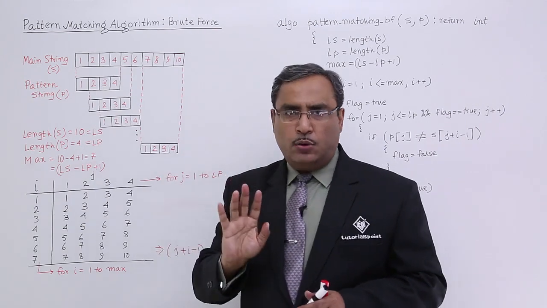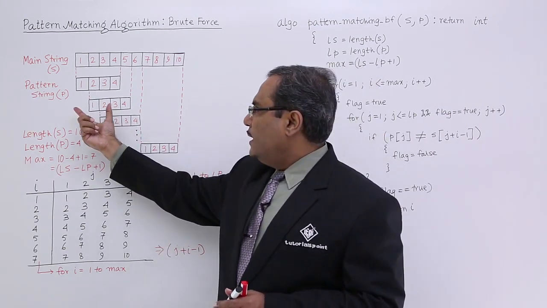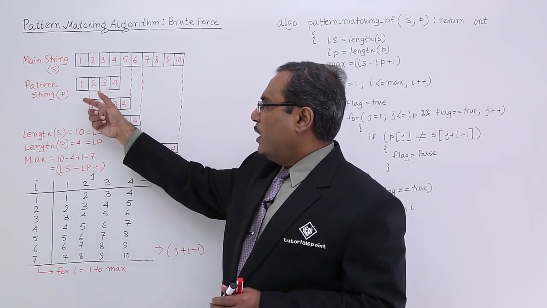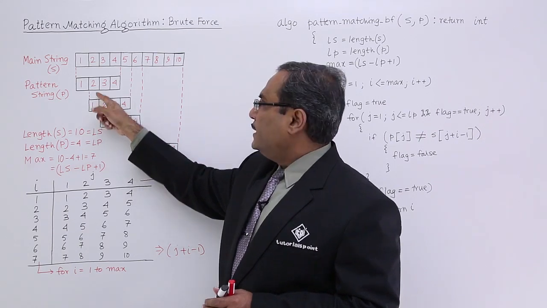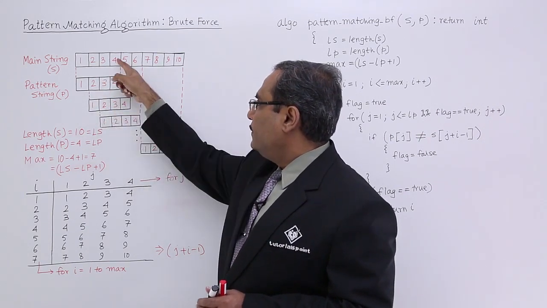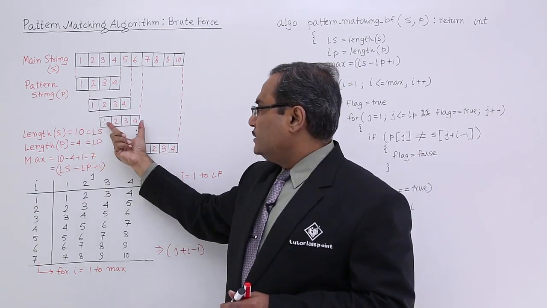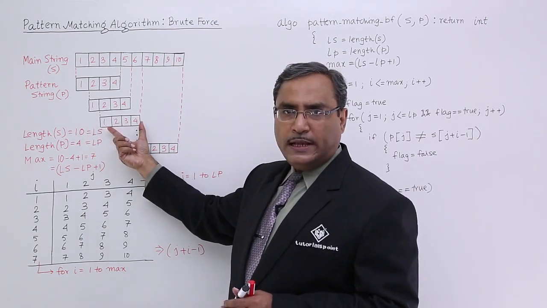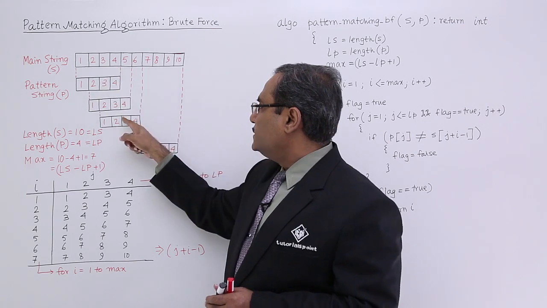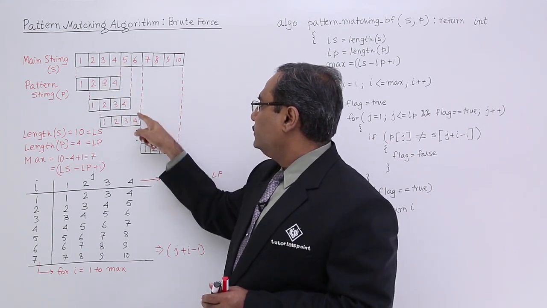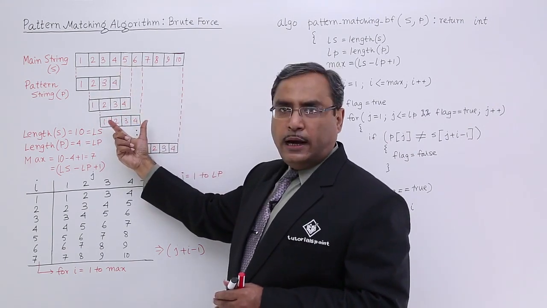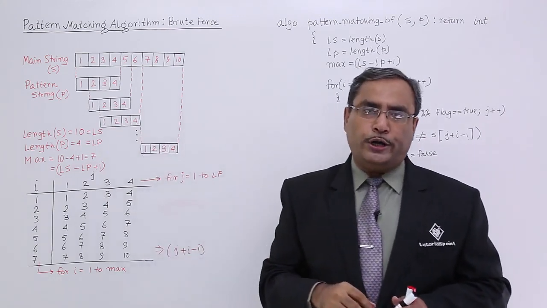If I find it, okay, fine enough. Otherwise, I shall move my pattern one place and then I shall go for comparison in this way. If I get it, good enough, otherwise I shall shift my pattern by one character place and go for comparison again. In this way the process will be continued.